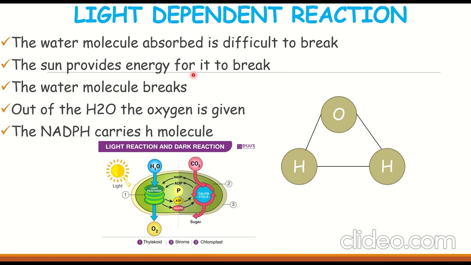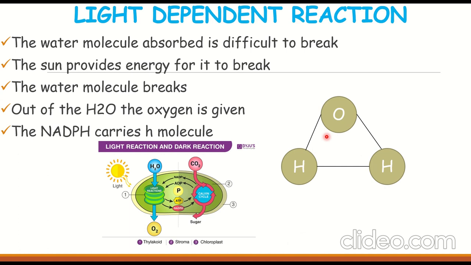The water molecule is absorbed by the roots. Transportation happens through xylem vessels and through a process of osmosis where in the leaf a low pressure region is created and the water flows from high pressure region to low pressure region. And then the sun provides energy for the water molecule to break. The water molecule, which is H2O, 2 atoms of hydrogen and one atom of oxygen, has a really difficult bond to break.